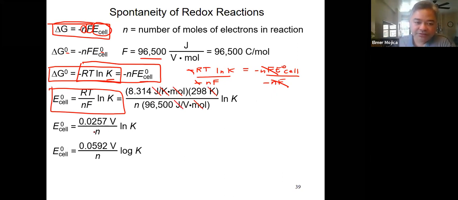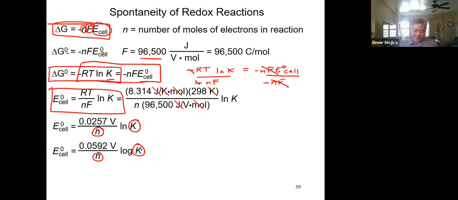So what we're really looking at is the number of electrons that is involved in the reaction and the K. So I don't know by now if you still believe me that the magic letter in this course is the letter K. Okay?